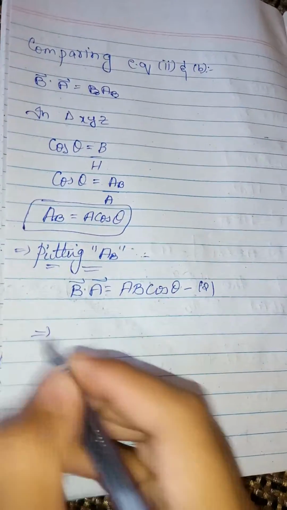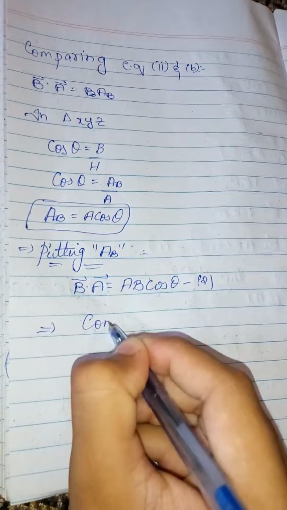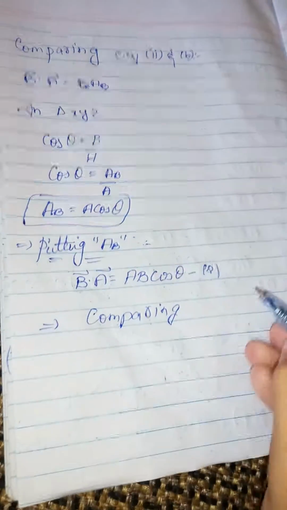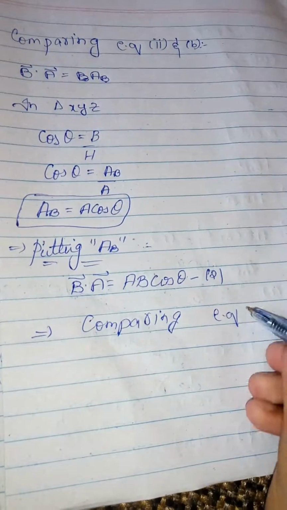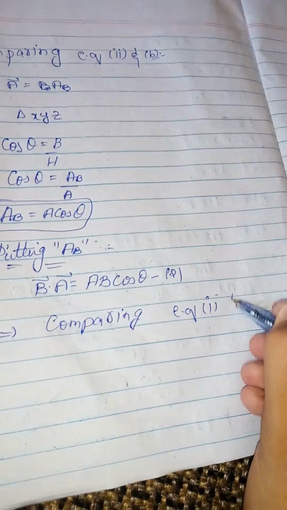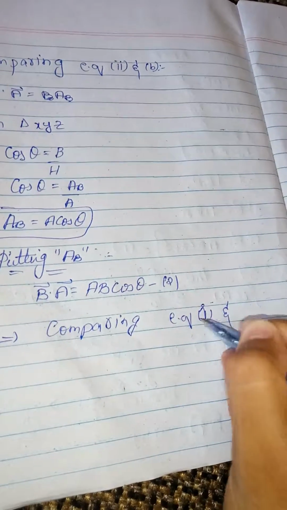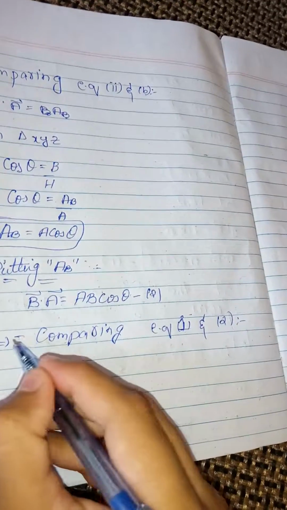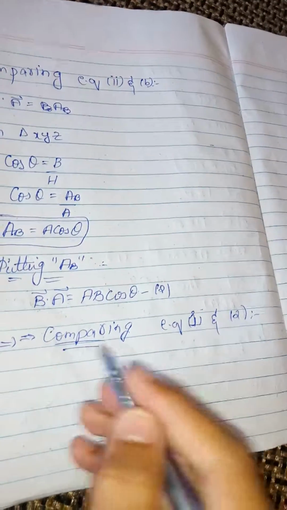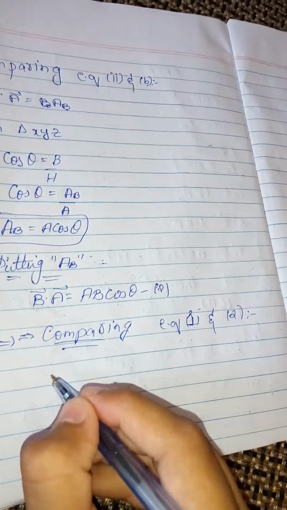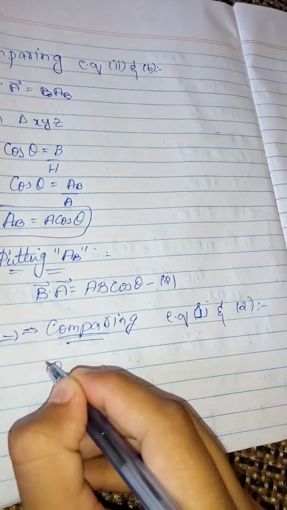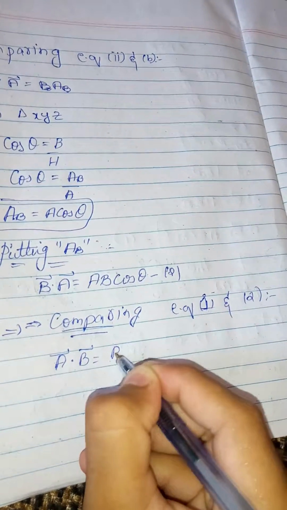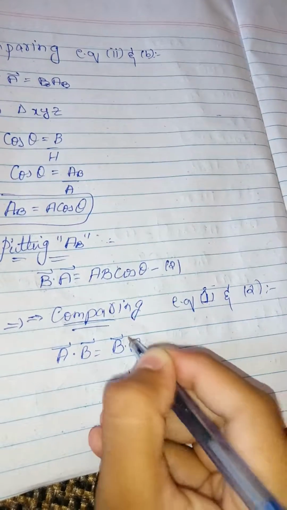So comparing equation number 1 and 2, a vector dot b vector will be equal to b vector dot a vector.